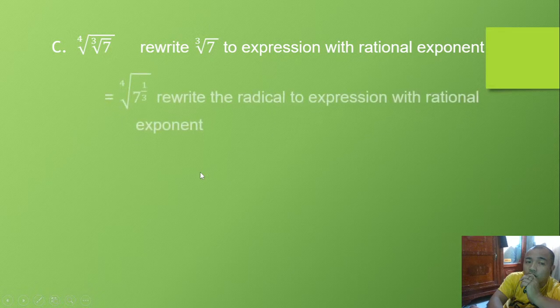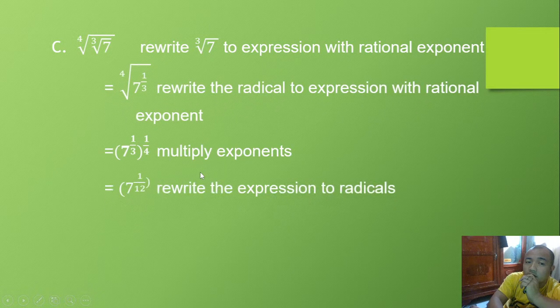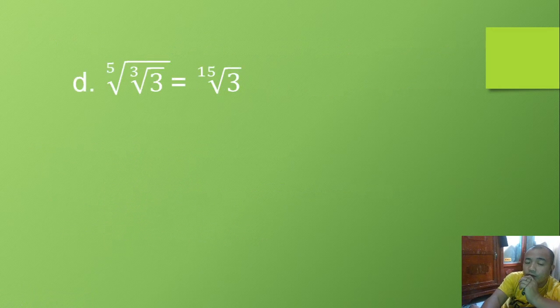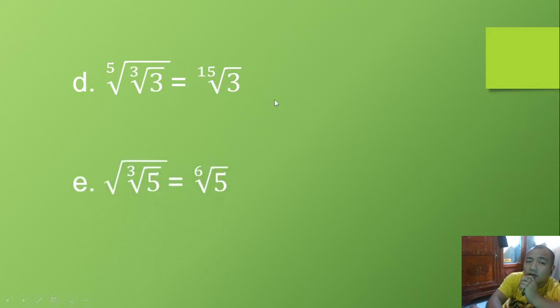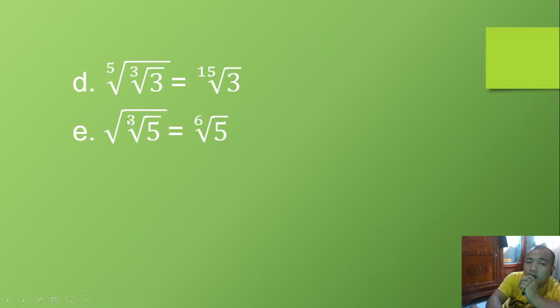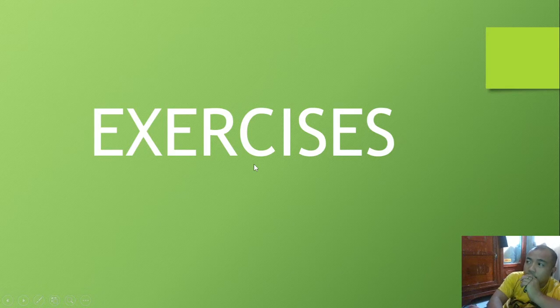So the answer is 12th root of 7. Next, 5th root of the cube root of 3 is 15th root of 3. Square root of the cube root of 5 is 6th root of 5, 3 times 2. Let's proceed now to exercises.